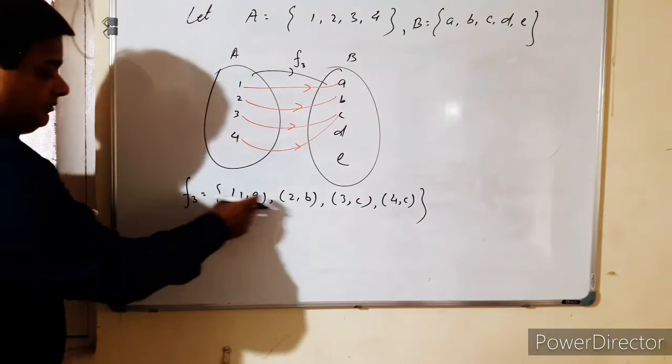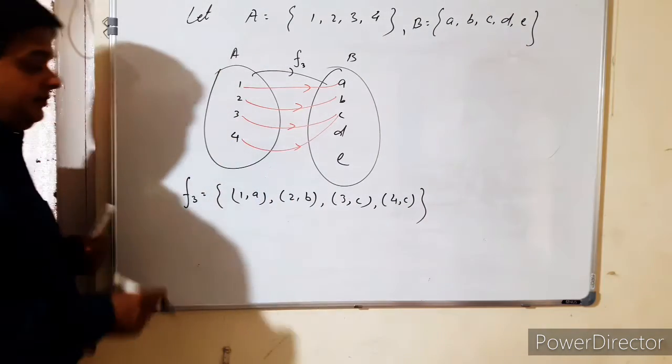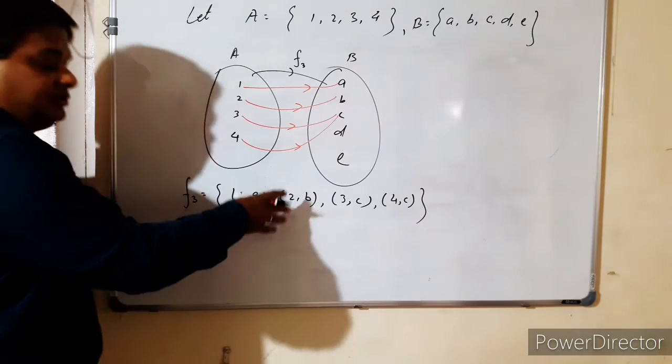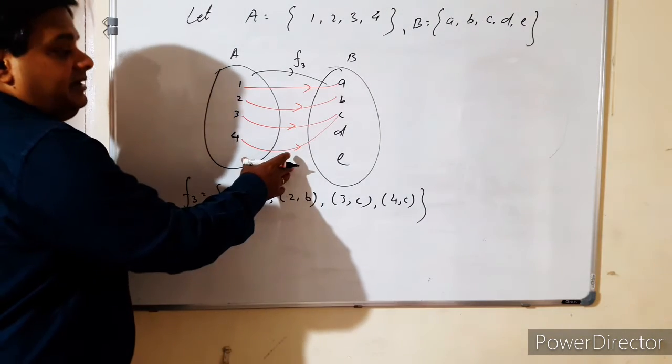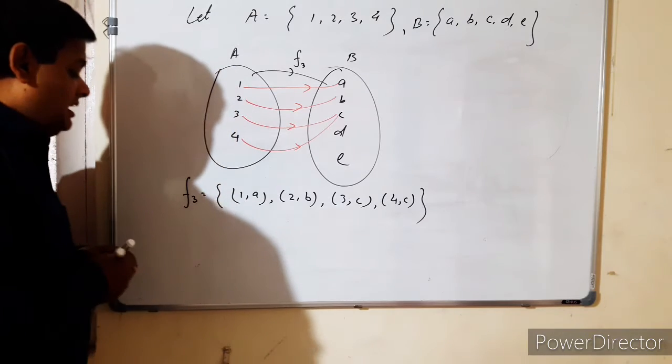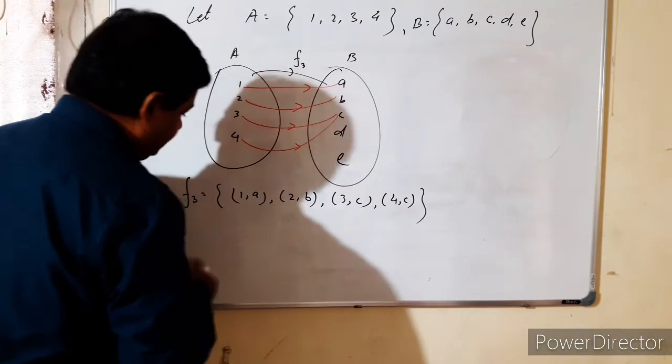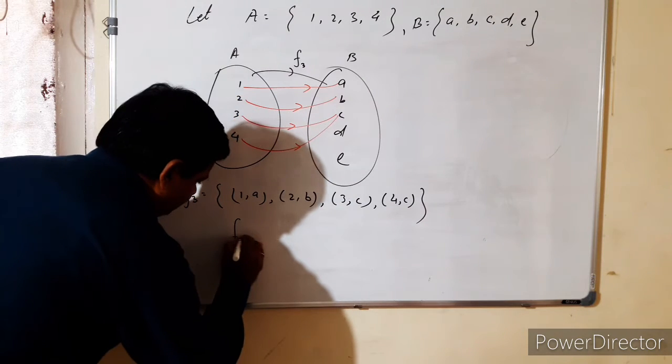Here the first components are all different, not the same. So this is a function. F3 is a function.